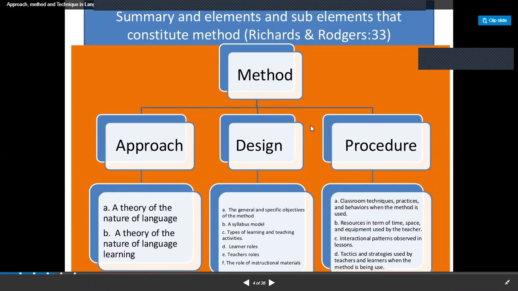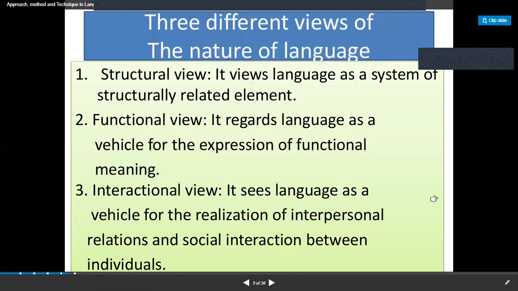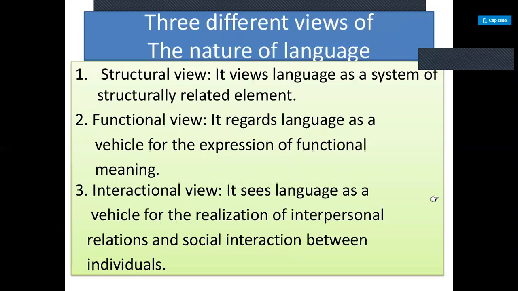But the method is going to be specific by taking into account the objectives and the syllabus model. And the procedures, as you see right here, include the classroom techniques, the practices, behaviors, the resources, the time, the space, the interaction, and the strategies. That's all.